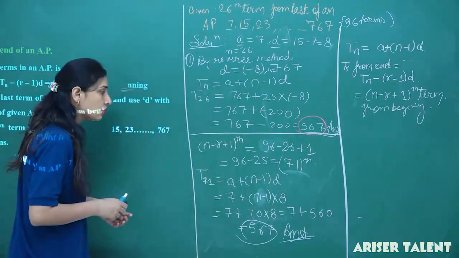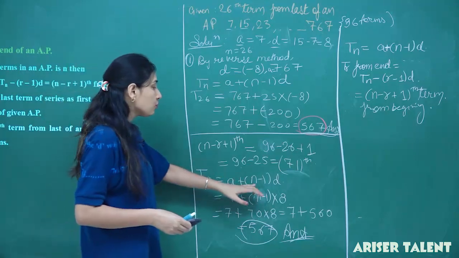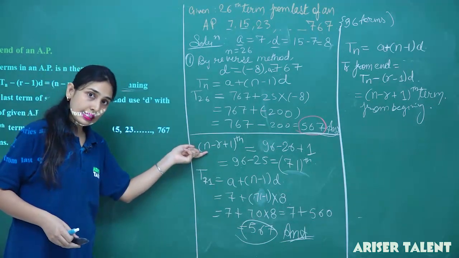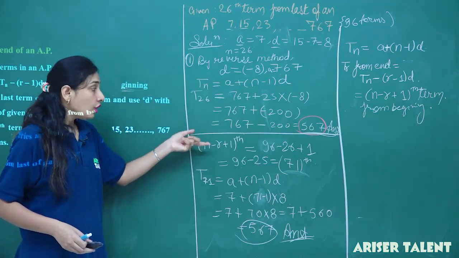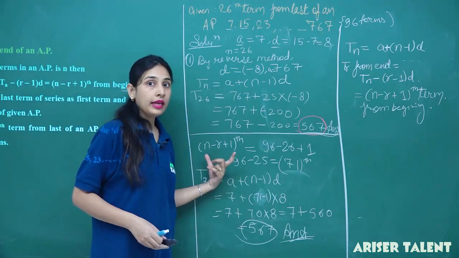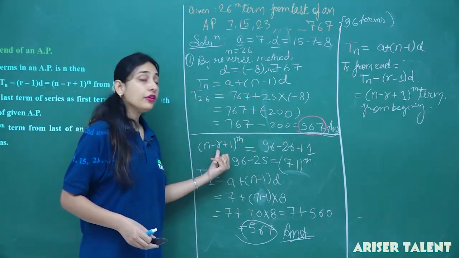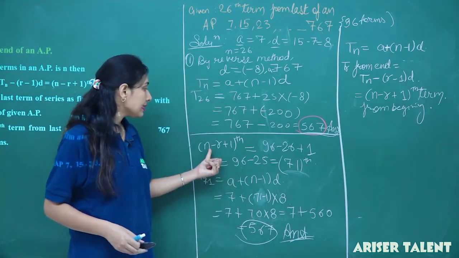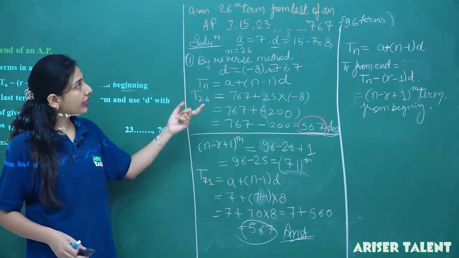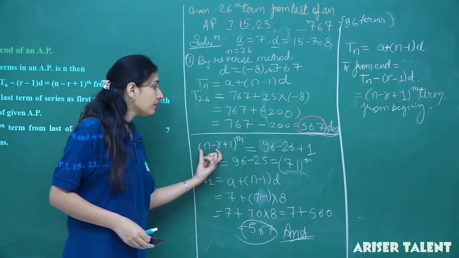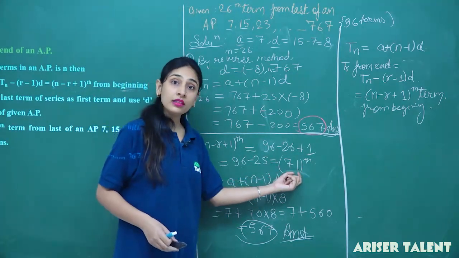Now understand this, student. Don't be confused between n here and n here. n here represents the total number of terms in the AP. r here is the term that you have to find out. In this case, the 26th term you have to find from the end. So this becomes the 71st term.